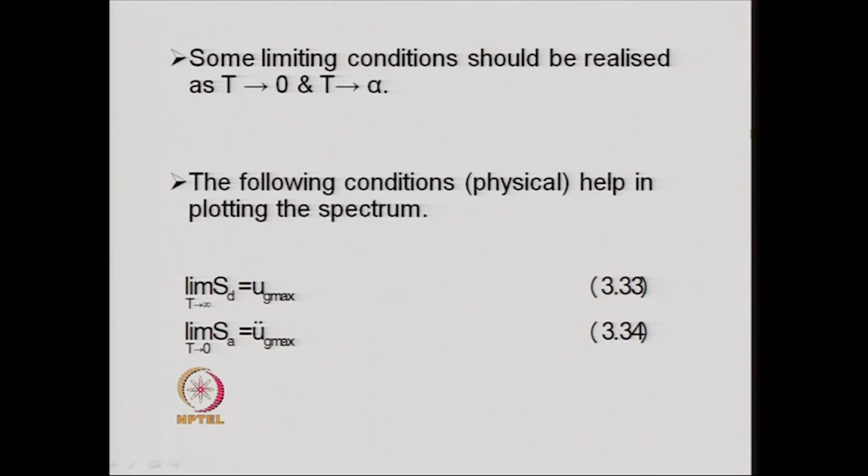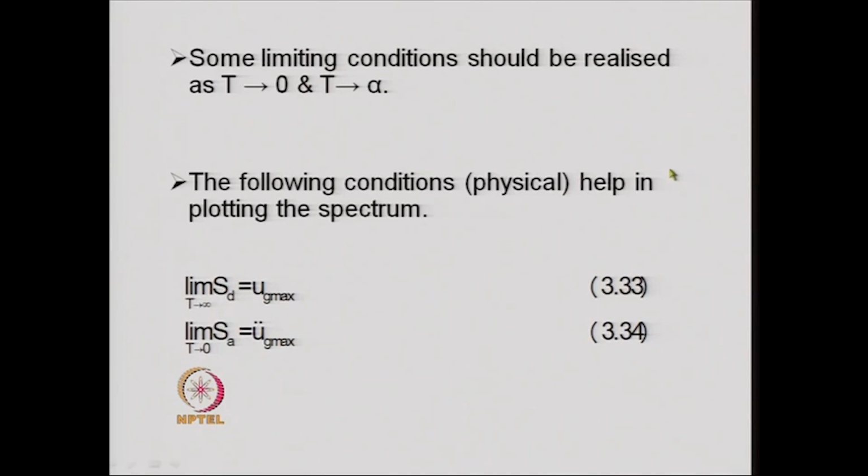The plot also can be obtained not against omega n, but against Tn, that is the period. In that case, the two inclined lines get interchanged: the SA line would become the SD line and the SD line will become the SA line if we plot it against Tn.